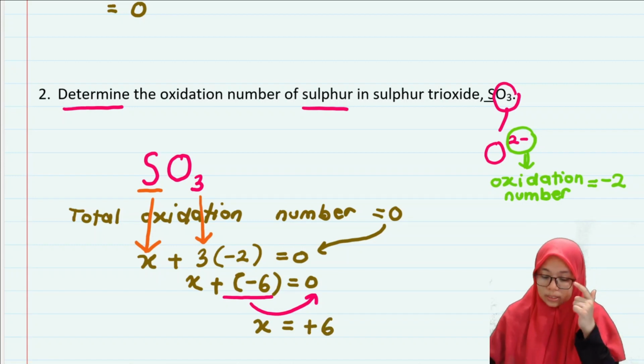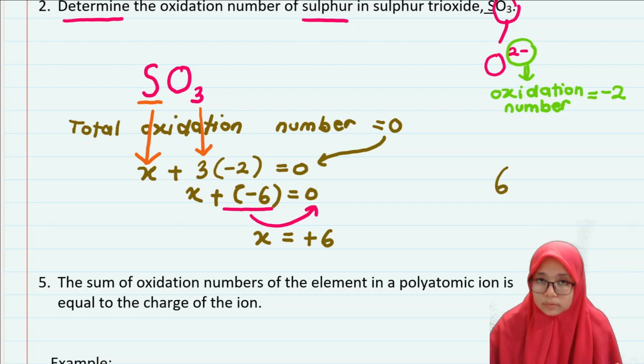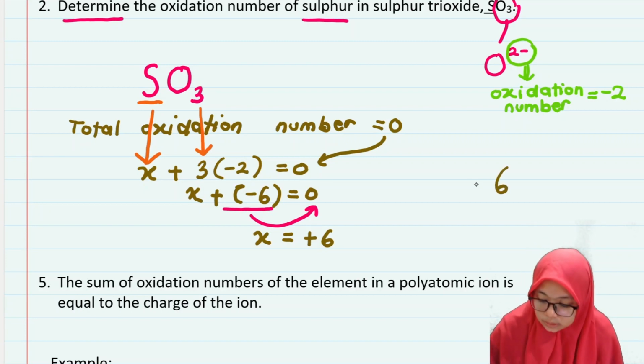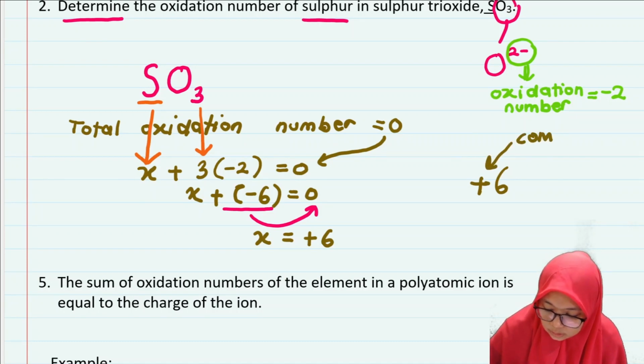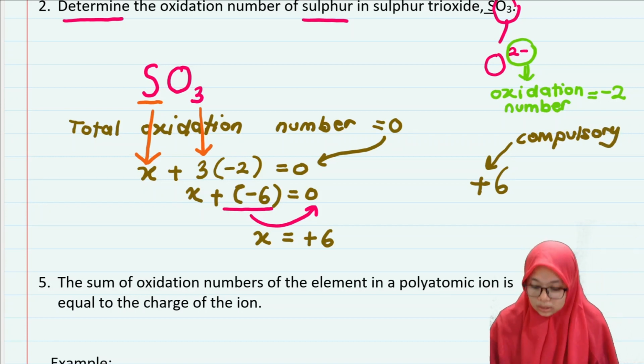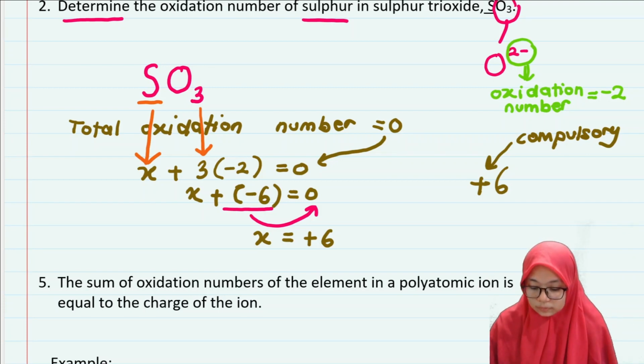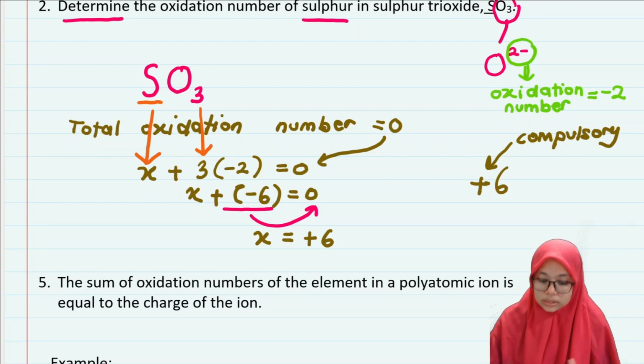So you have to write down the positive, walaupun kita tahulah kalau kita tulis 6 maknanya positive, right? But for oxidation number, the plus sign is compulsory. This is a compulsory sign for this topic. So you have to write down the plus sign. Okay, so X means the oxidation number for sulfur is plus 6.